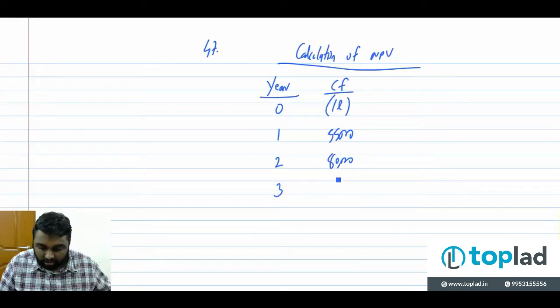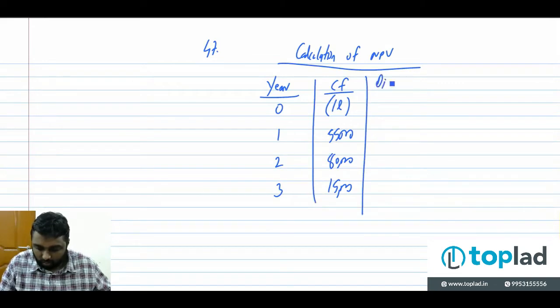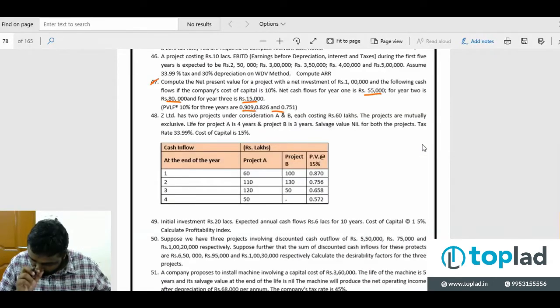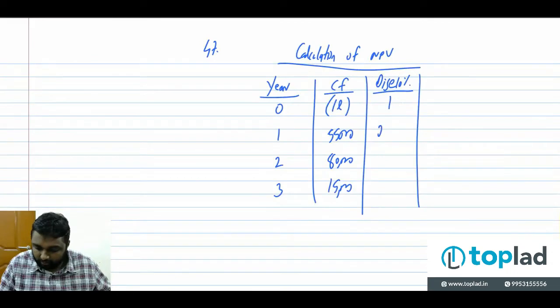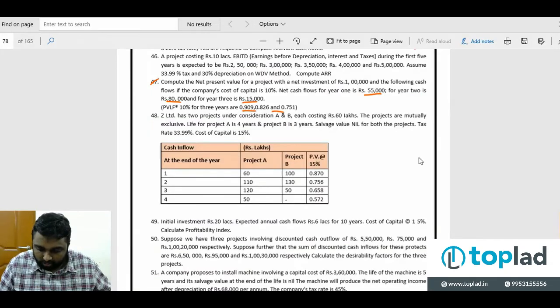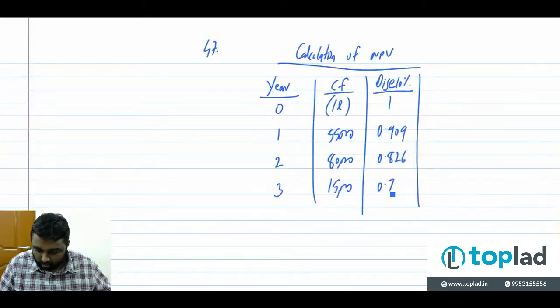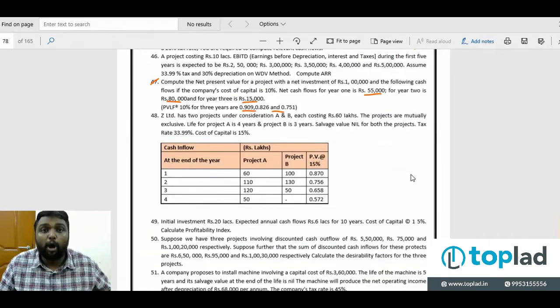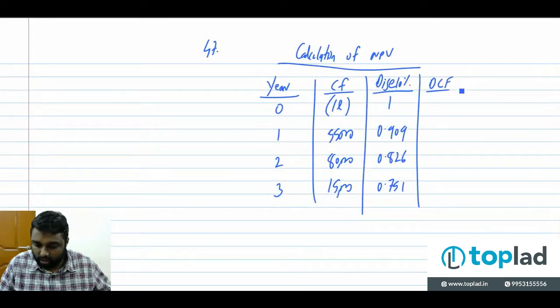The last year, 15,000. Discount rate at 10%: first year 0.909, 0.826, 0.751.